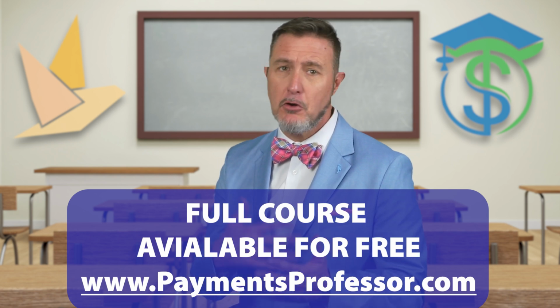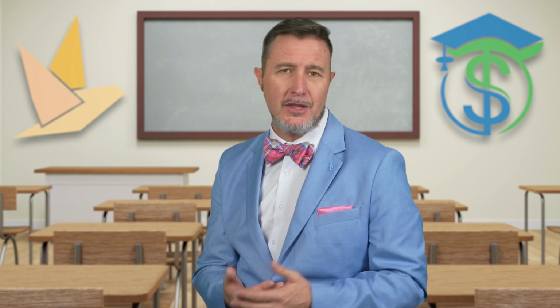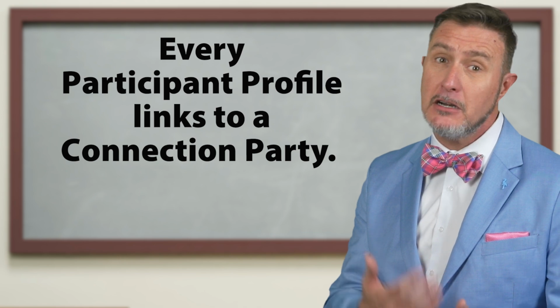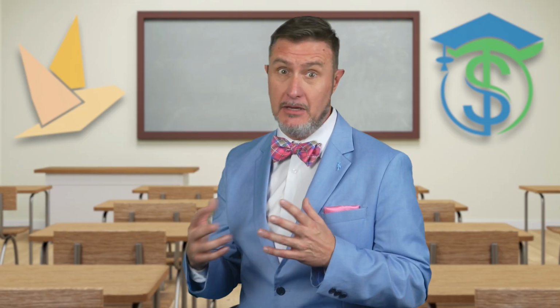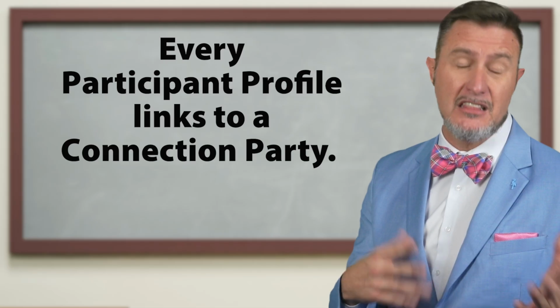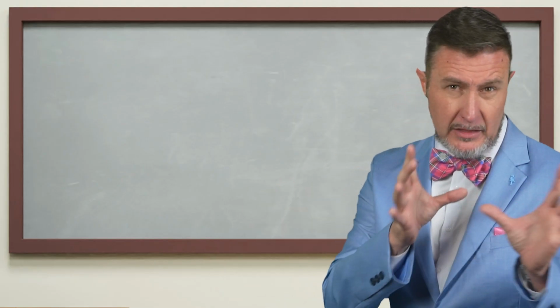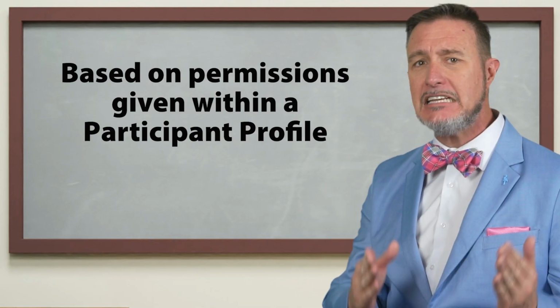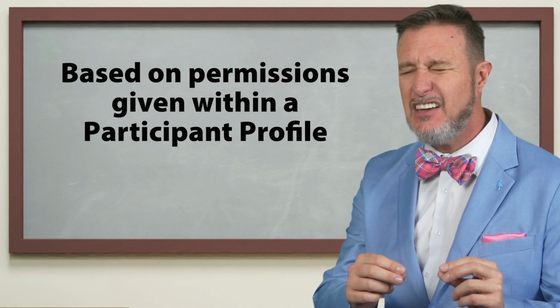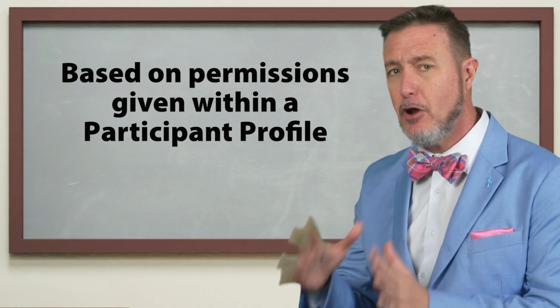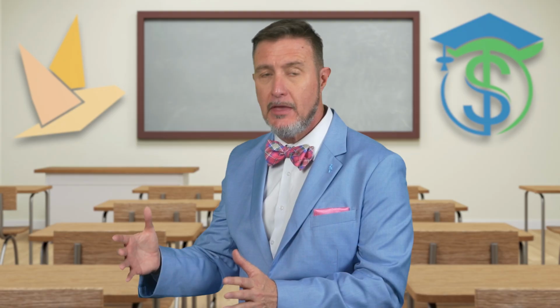So how do these profiles and messages work? First of all, every participant profile, the one needed to be able to say, hey, I send or I receive, links to one of those connection parties. And this is owned and linked to an authorized connection profile. So it's like one links to the other. And all of your messages flow in and out of the FedNow service based on permissions given within a participant profile, which you set up during onboarding.